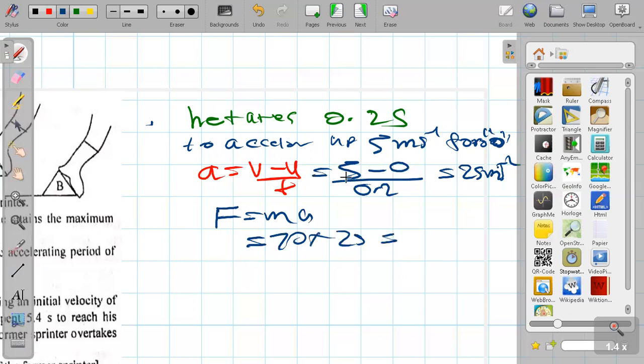It's going to be a very big force, right? Huge force. What is 25 times 7? 25 times 6 is 150, so 175. So 1750 newtons. Did this answer come? 1750? Okay.